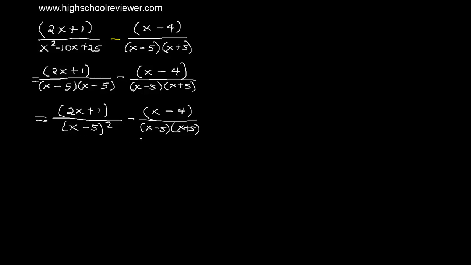Now, x minus 5 and x minus 5 are of the same quantity. The LCD of x minus 5 squared and x minus 5 will be the one with the highest exponent. So the LCD now will be the quantity of x minus 5 raised to the power of 2, since it has a larger exponent as compared to this one, which only has 1.